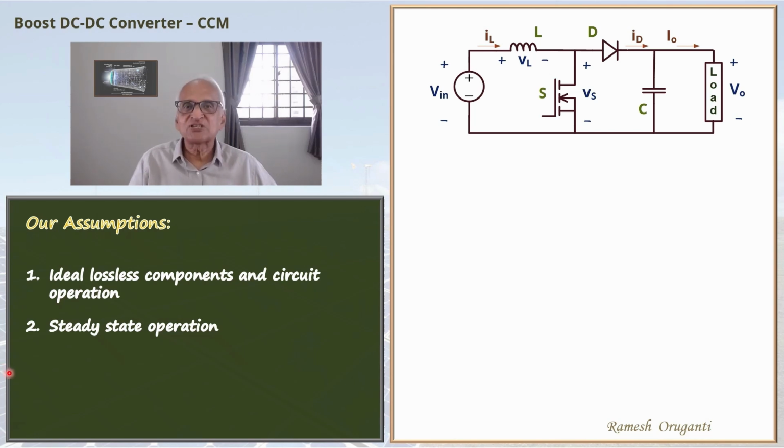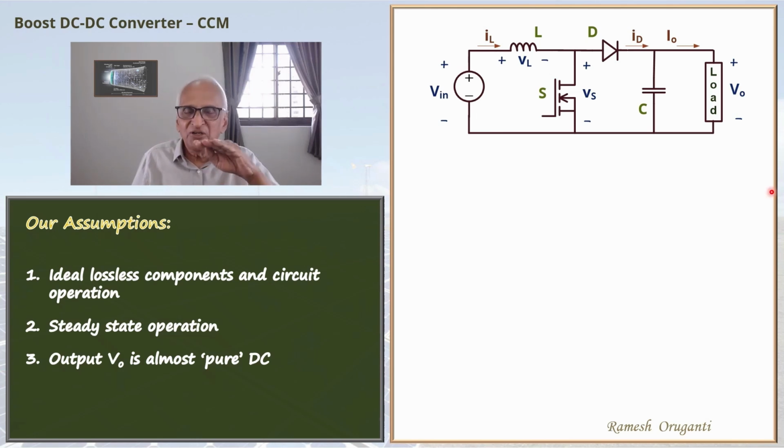We will not be focusing on how it reaches the steady state. The third assumption we make is the output voltage is nearly constant. That means the capacitor C is quite large. The output voltage is practically a DC. Whatever ripple voltage, AC voltage that rides on the capacitor is pretty small relative to the DC voltage magnitude.